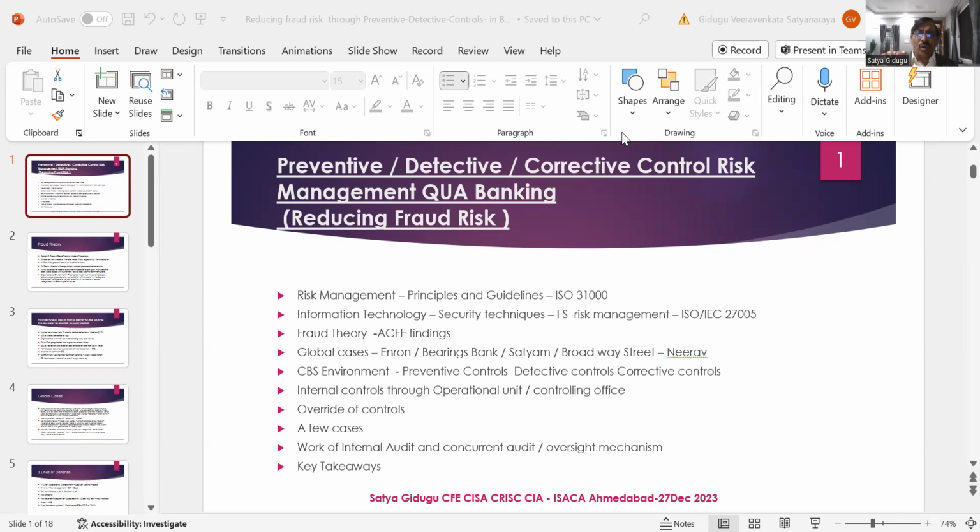The US implemented the Sarbanes-Oxley Act, and in it, what they call SOX 404, made it mandatory for the CEO and CFO of the organization to accept that the controls are effective, controls are in place, and the controls are working as implemented. So as an internal auditor or statutory auditor, you will be relying on the management assertions.